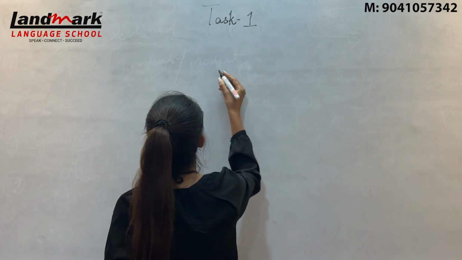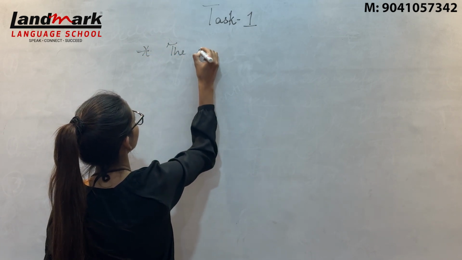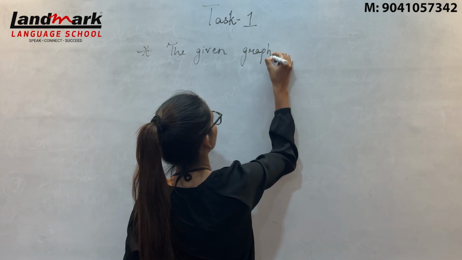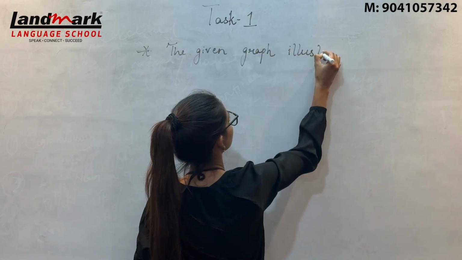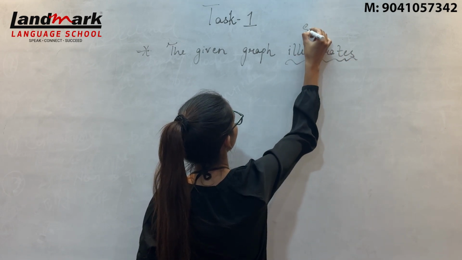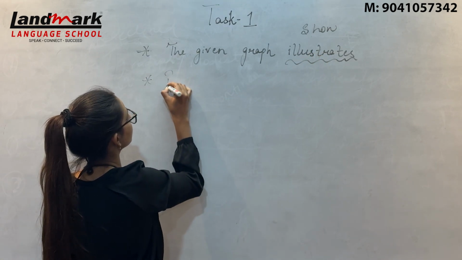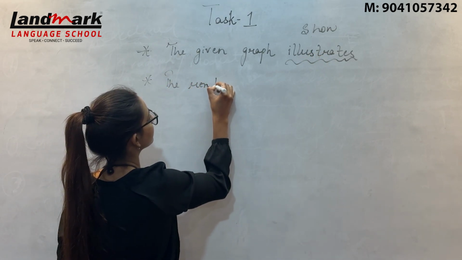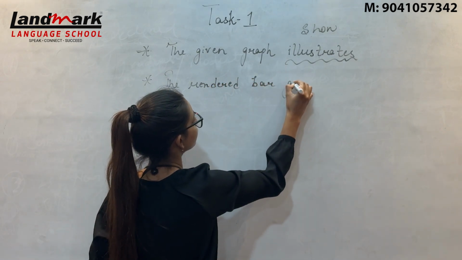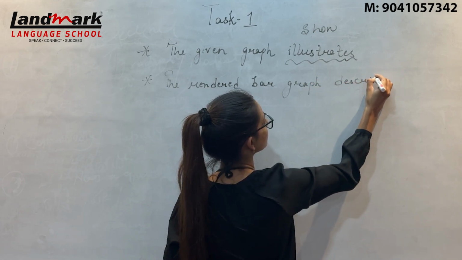For Task 1, in the intro, we can change the intro like this: the given graph illustrates. So instead of show, we can write illustrates, like the rendered bar graph describes.